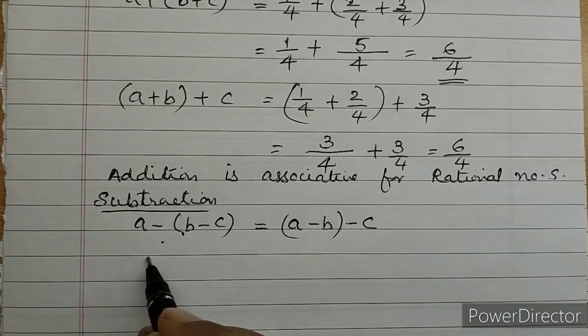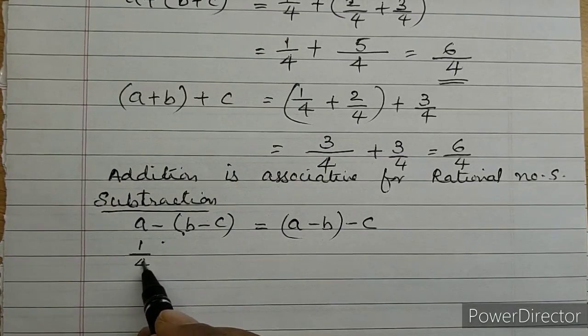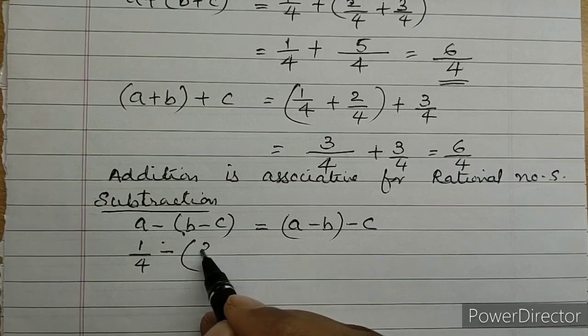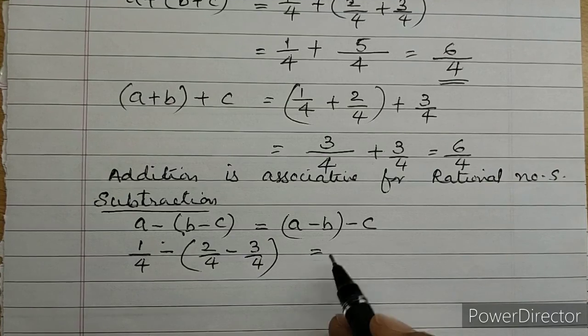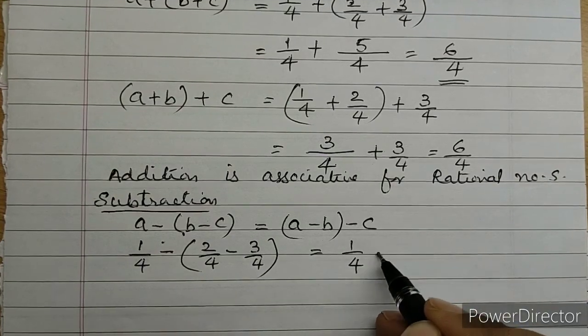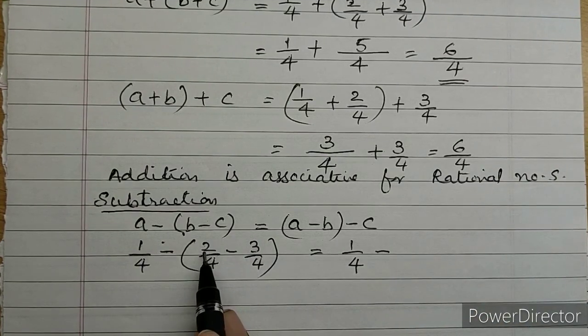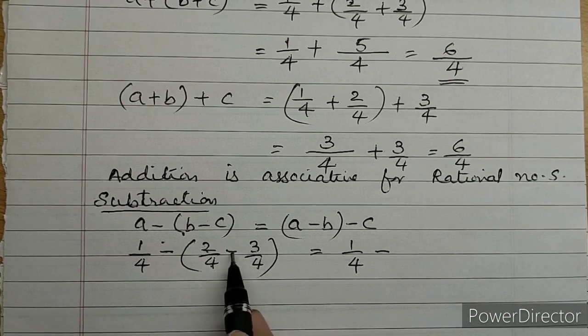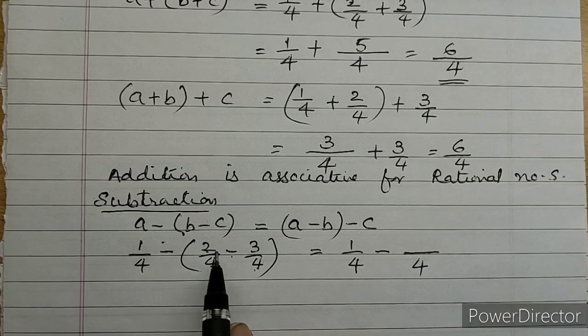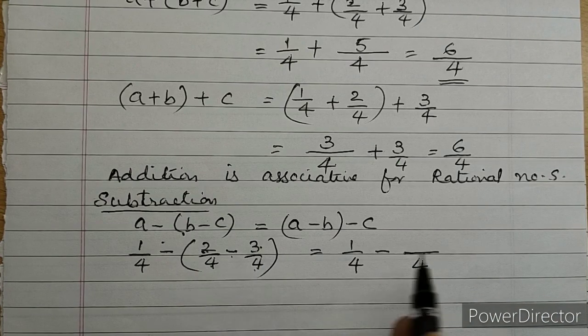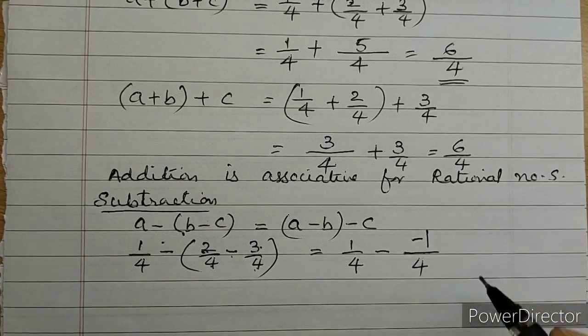Same example numbers you can select 1 by 4 minus 2 by 4 minus 3 by 4. Left hand side, that is 1 by 4 minus, inside the bracket it is 2 by 4 minus 3 by 4. Same denominator, 2 minus 3, that is negative 1.